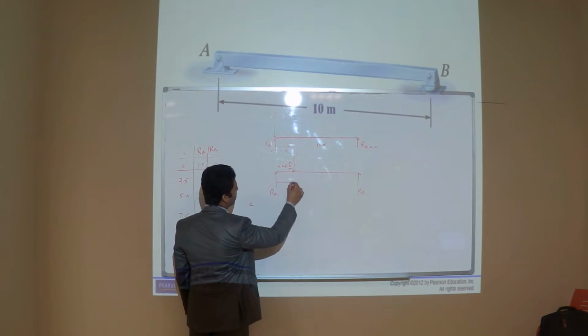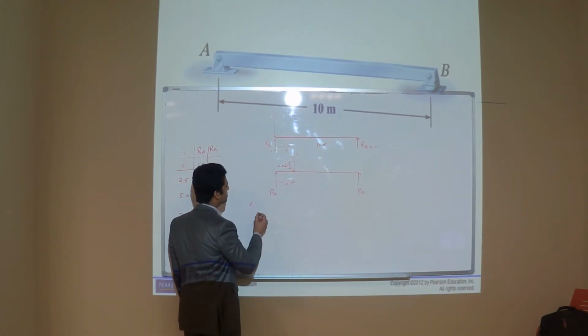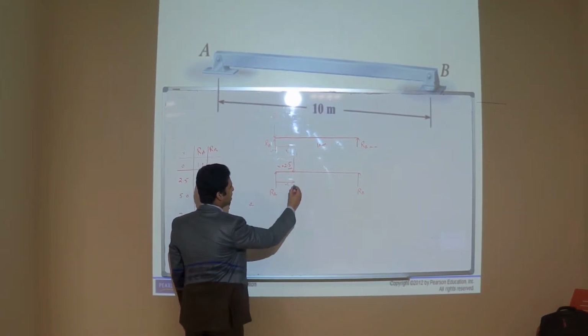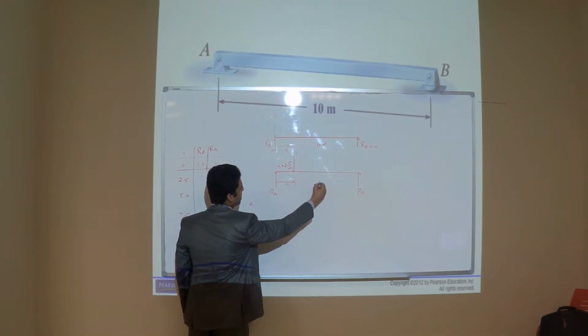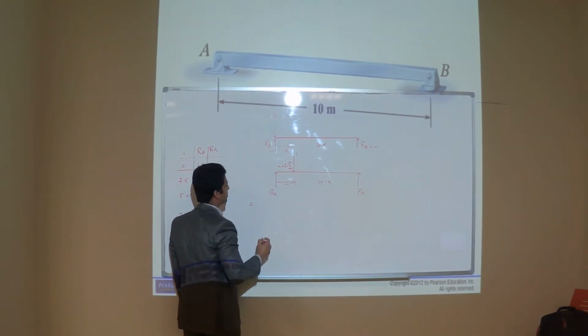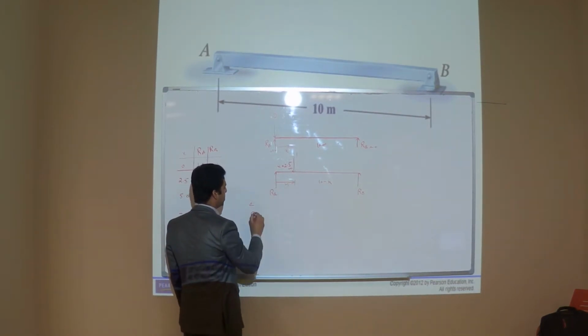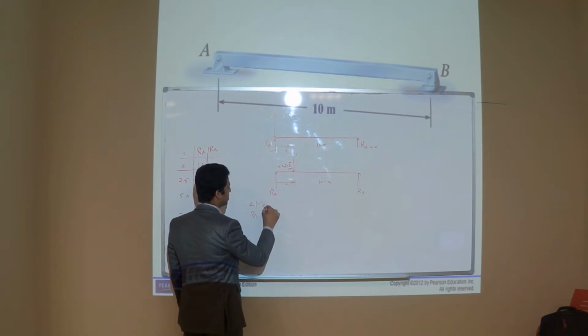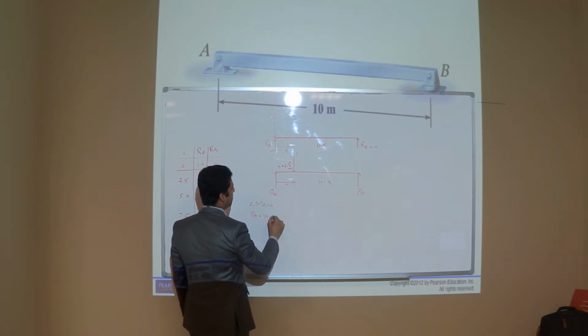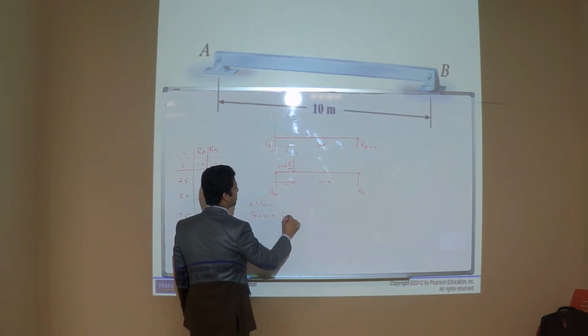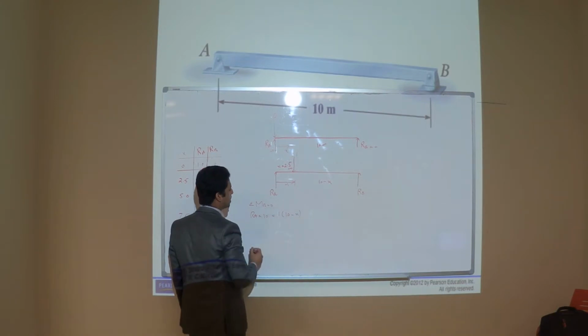For example, I call this distance x, so this will be 10 minus x. If I need RA, I will take moment at point B. RA into 10 will be equal to 1 into (10 minus x).